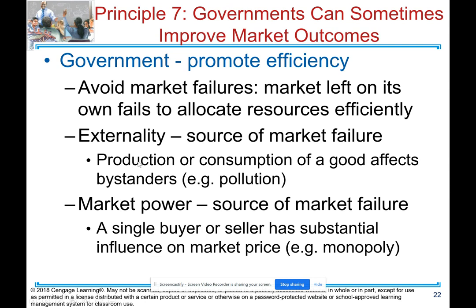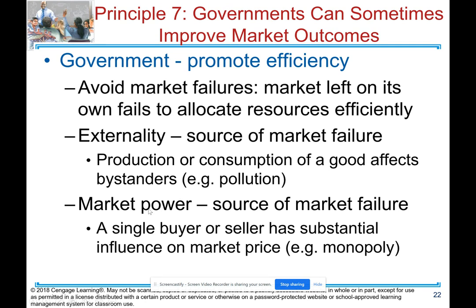Externality, whether negative or positive, arises when the production or consumption of a good affects a bystander, whether it is pollution or something positive like education. When externality exists, the market has failed. And the government's role is to correct for externality.